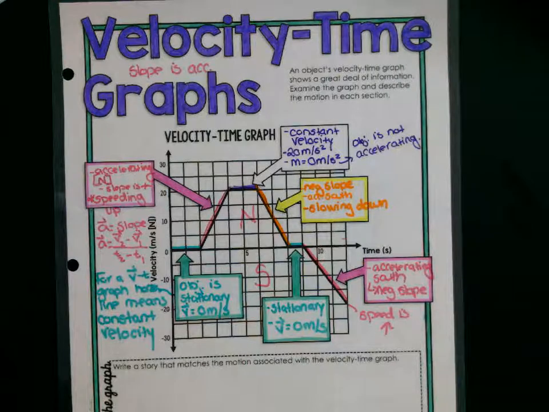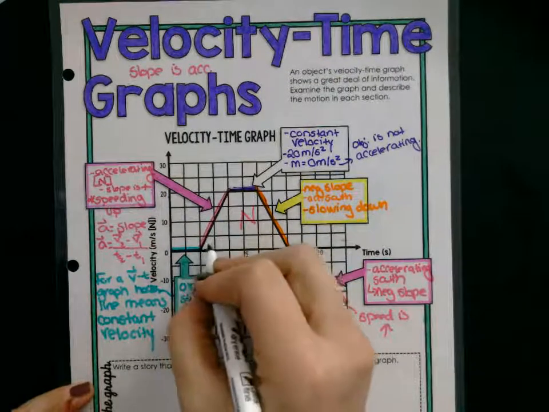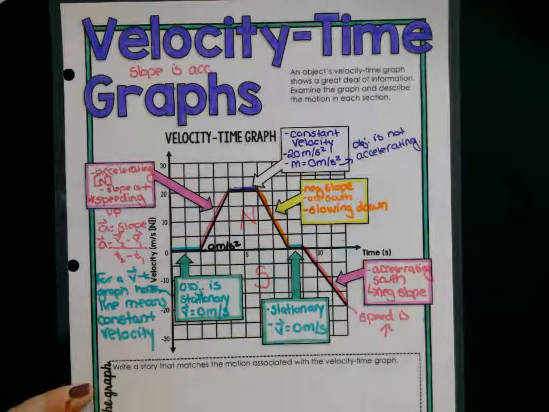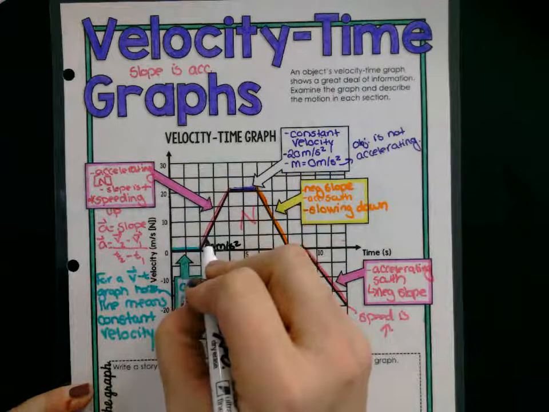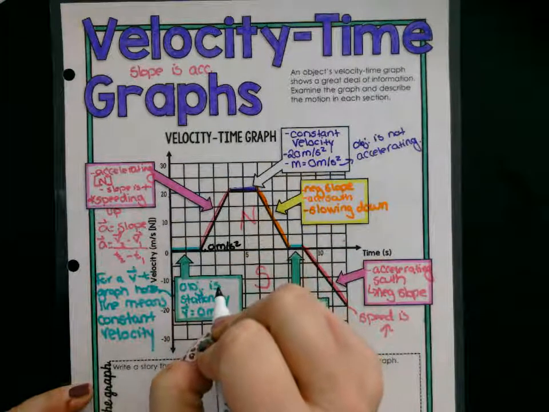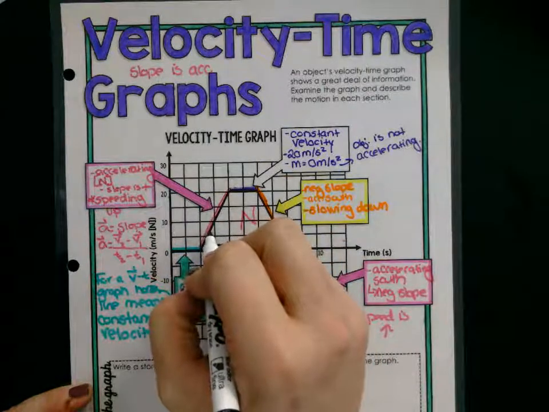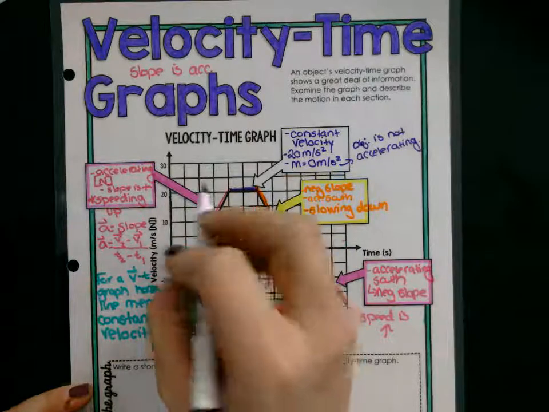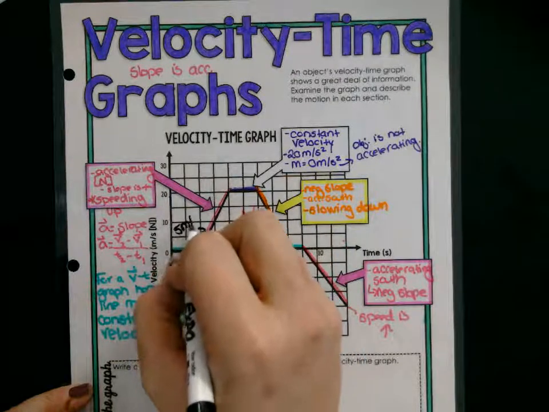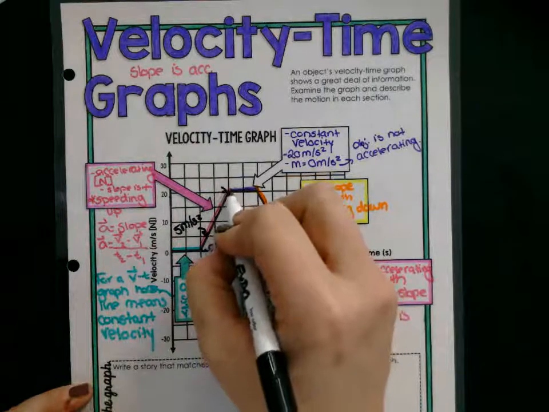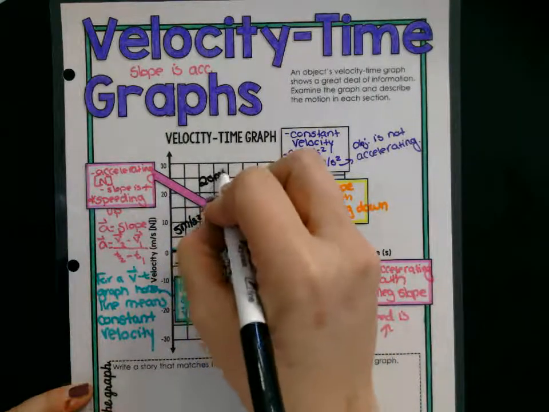If that confuses you, you can always read the graph. If we look at the graph, right here we're at 0 meters per second. Right here, our velocity is 5 meters per second. If we come all the way up here, our velocity is 20 meters per second.